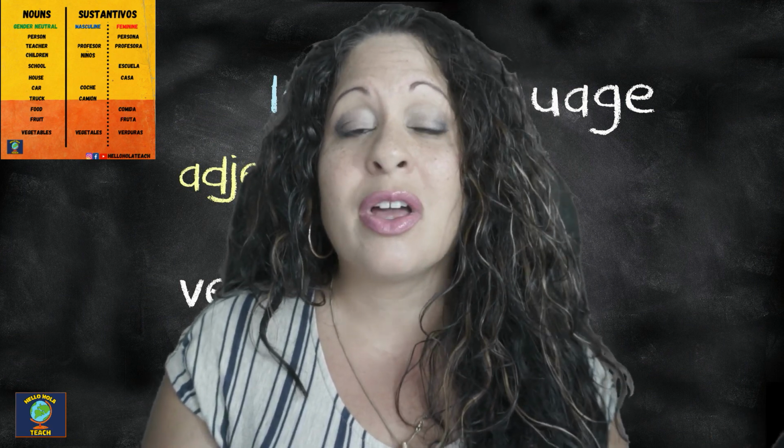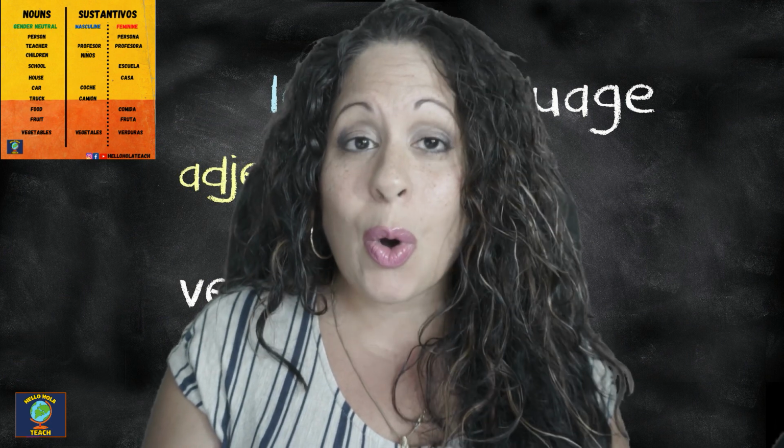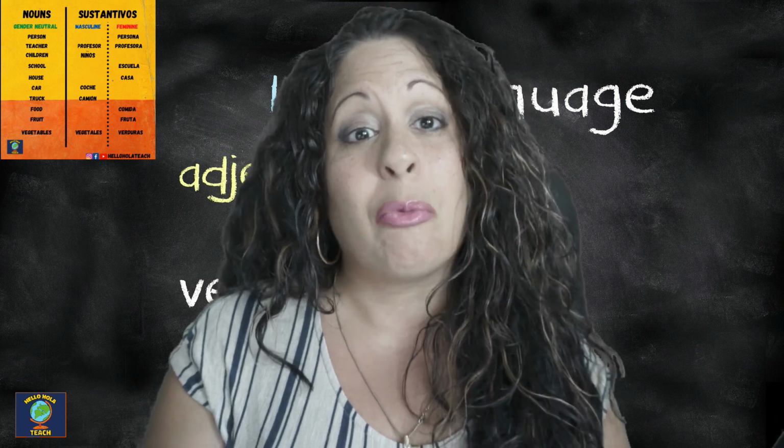En español, los sustantivos son femeninos o masculino, pero también tenemos palabras específicas, ¿verdad? Varón, hembra, mujer, niña, niño. So we have all different ways that we can present our nouns, but we also have our articles.